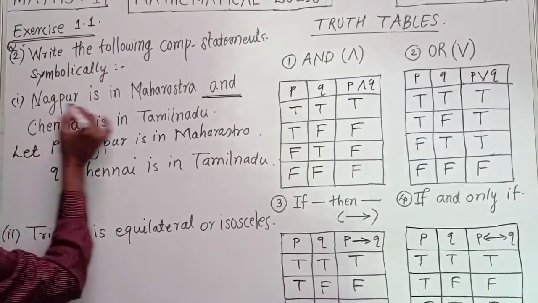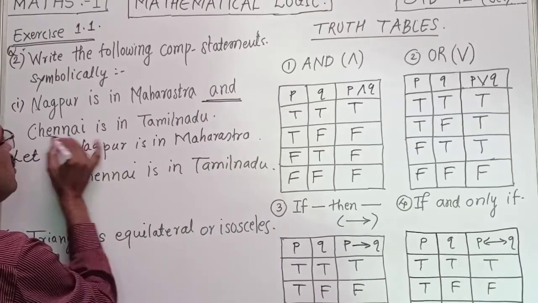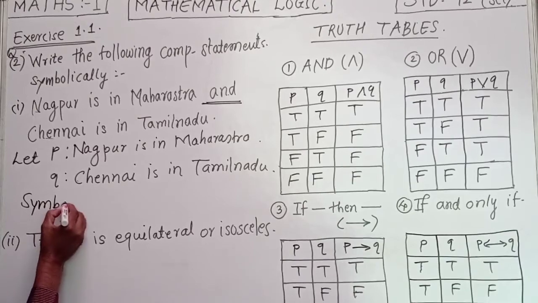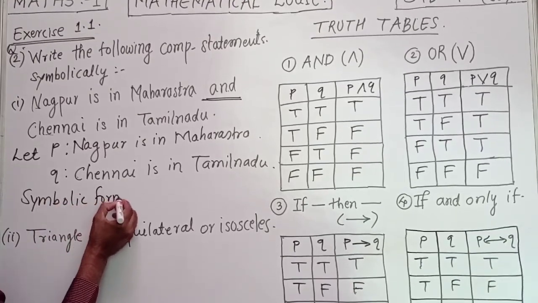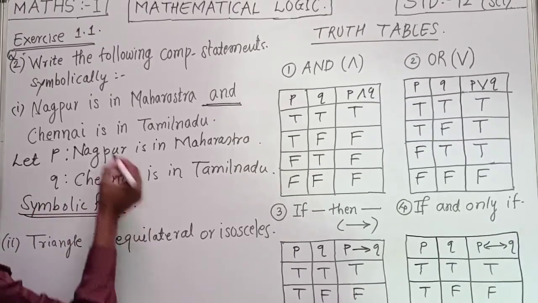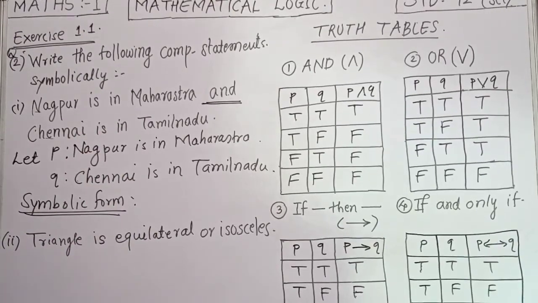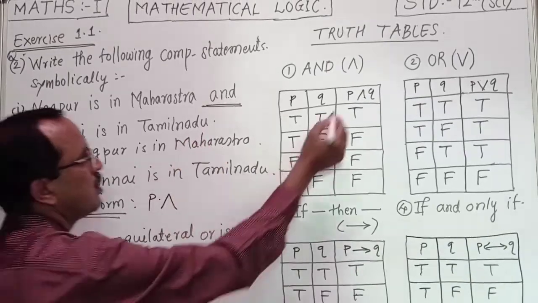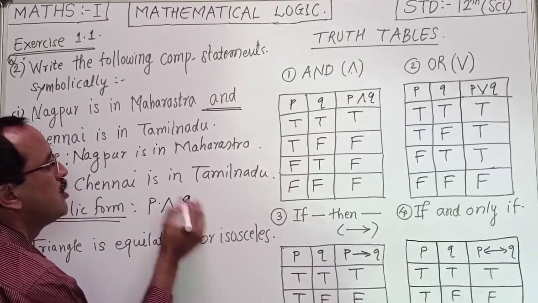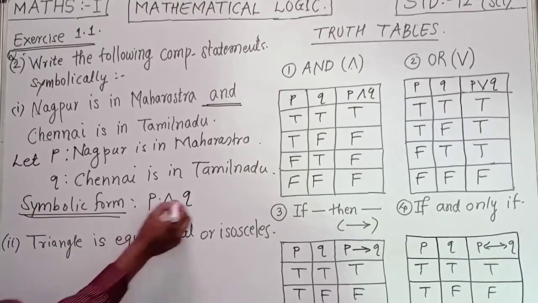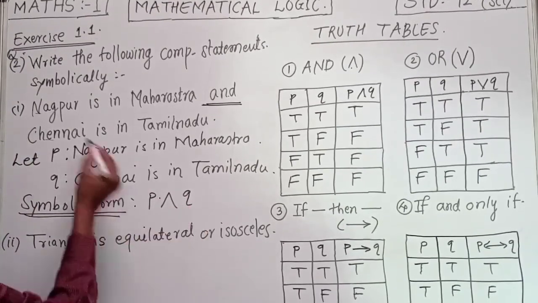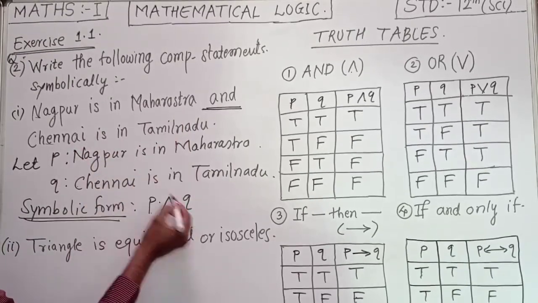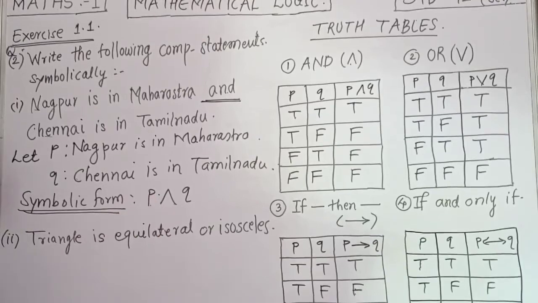So the first statement is P, then and, then the second statement Q. The symbolic form of this statement is P, then the symbol and, then the second statement Q. Nagpur is in Maharashtra is P, and Chennai is in Tamil Nadu is Q: P and Q.